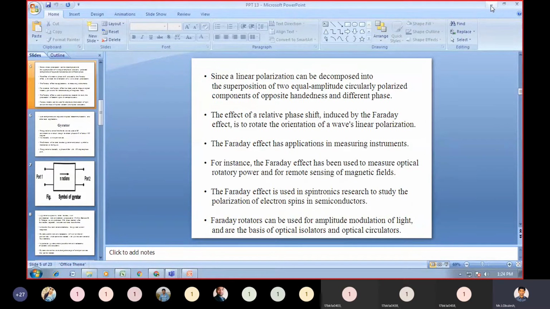The Faraday rotors can be used for amplitude modulation of light and are the basis of optical isolators and optical circulators.